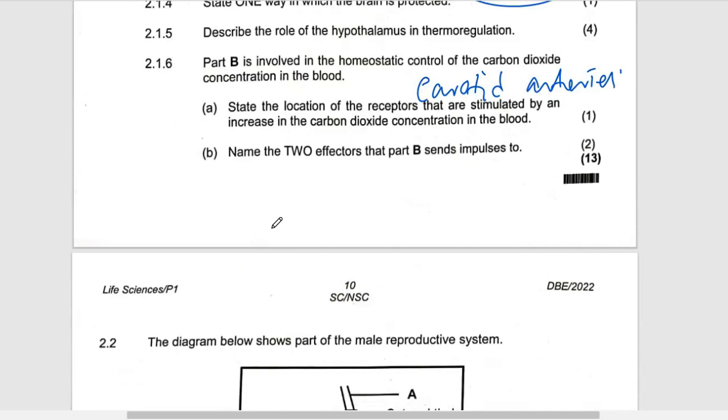Number two, the diaphragm and the intercostal muscles, so that the breathing rate can increase and the depth can also increase so that carbon dioxide is pumped out of the body. Carbon dioxide, we don't need it in the body. That's why it's supposed to be pumped out. We don't have the other way of the negative feedback mechanism for it.